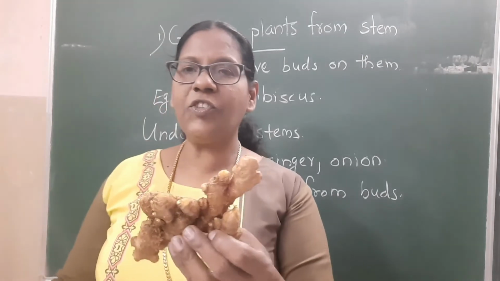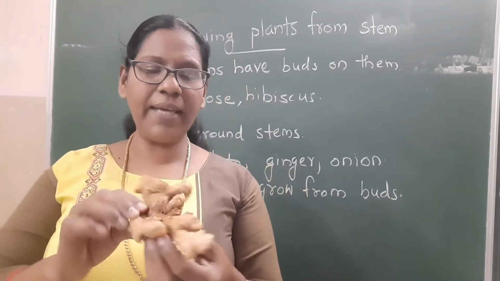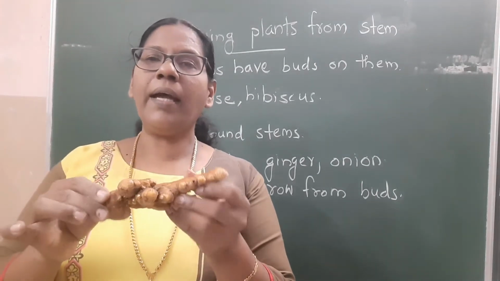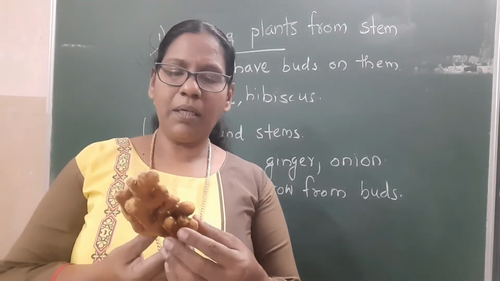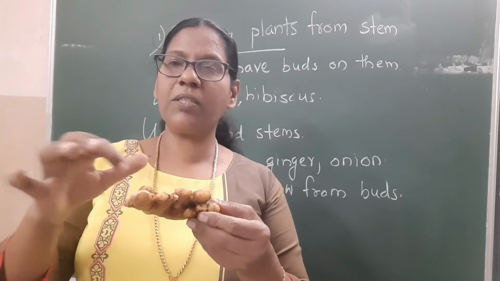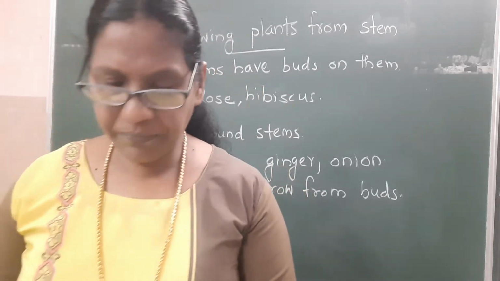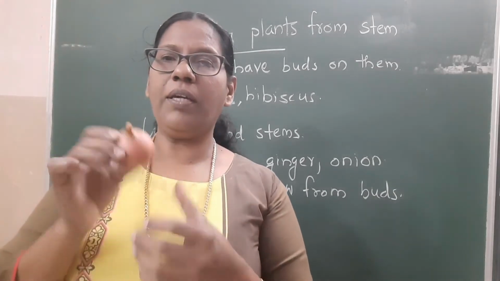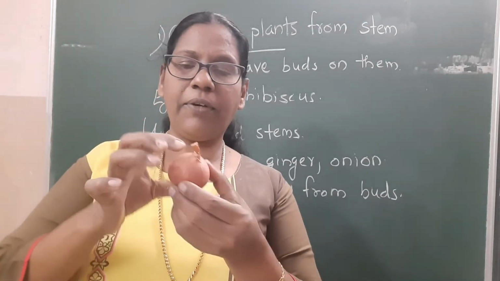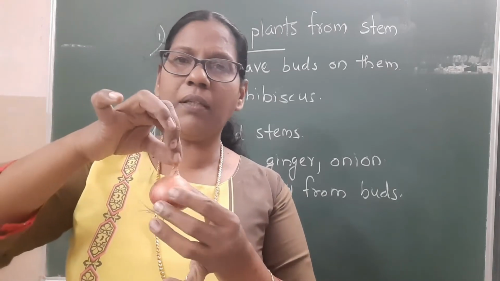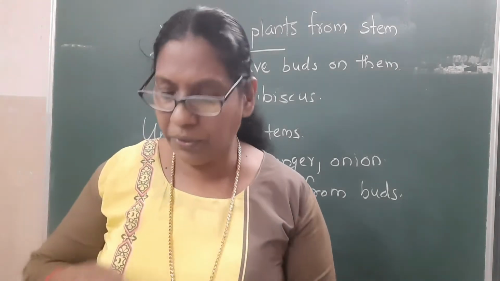And here, ginger. This also has buds on it. It's already started growing and this will become a new plant. Same with onion. From here the new buds grow and then from here the new plant will grow.